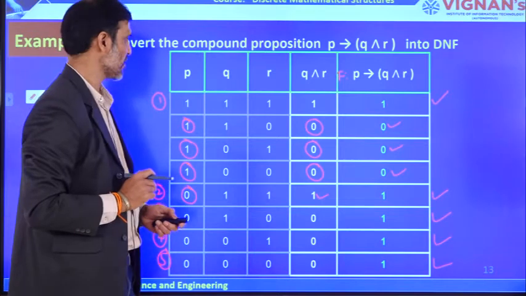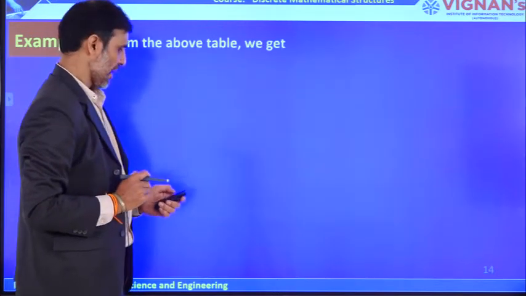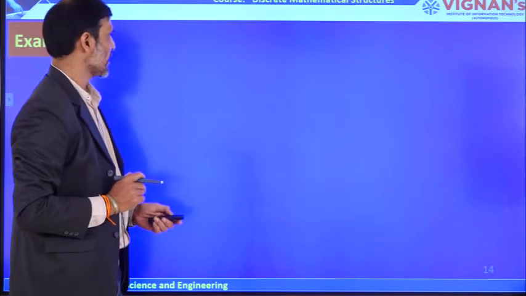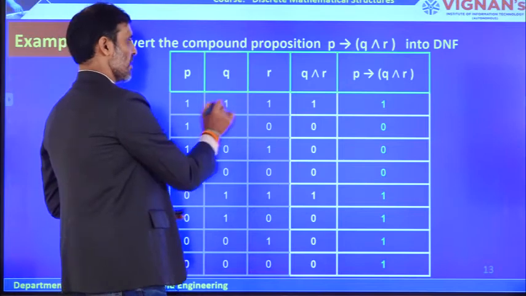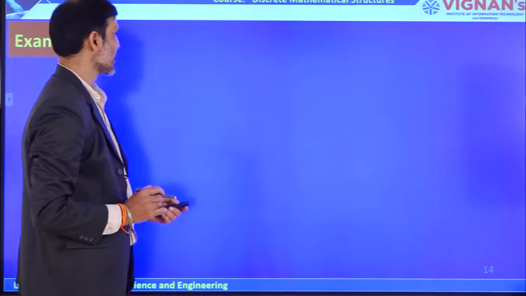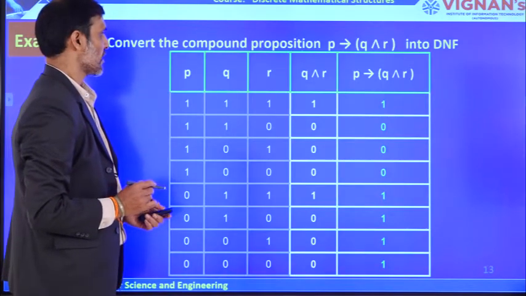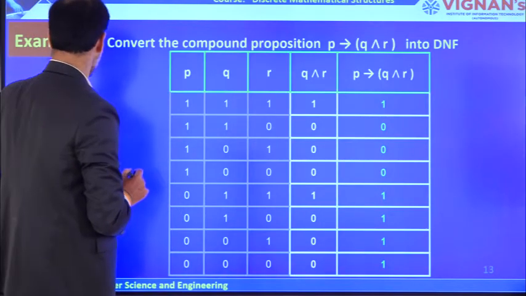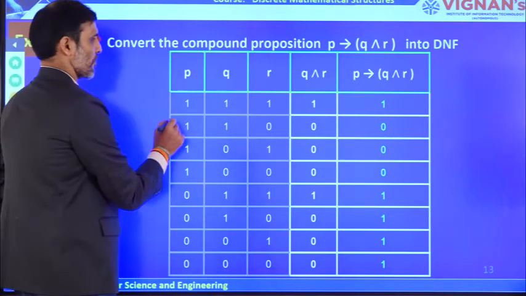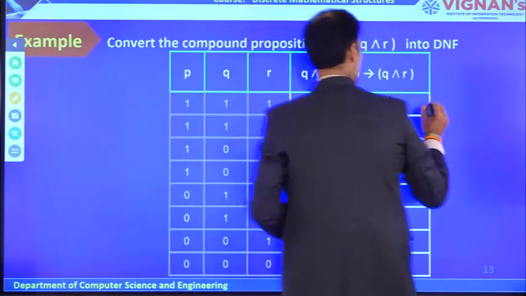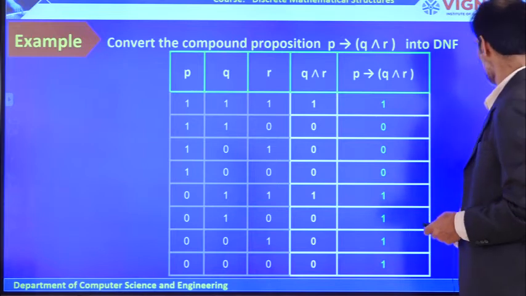In the second step, what do we need to do? From the above table, let us write the first assignment, PQR. I am directly writing the min term of the given assignment.